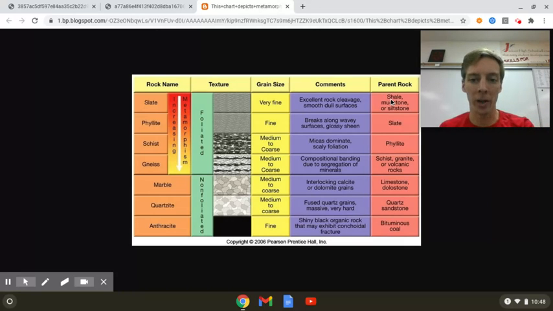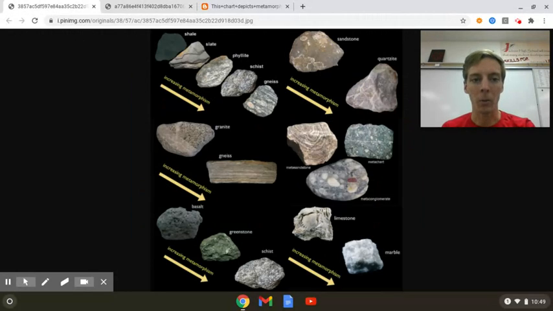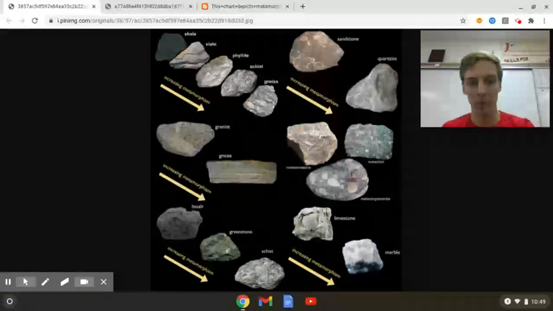Because if you start with shale and it becomes slate, slate then can become phyllite. Phyllite can become schist. And schist or granite or other volcanic rocks, lots of different things, can become gneiss, very layered like that. So that's what this progression is down here. And then you've got one here, depending on what you start with. So granite can become a gneiss, or a schist can become a gneiss.